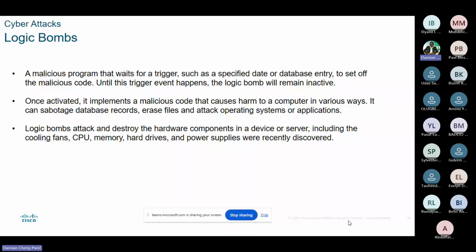So this type of cyber attack is very, very common between countries. For example, the United States of America was able to attack an Iranian nuclear facility by targeting the centrifuge. The centrifuge is responsible for getting a pure element or compound for making nuclear materials.